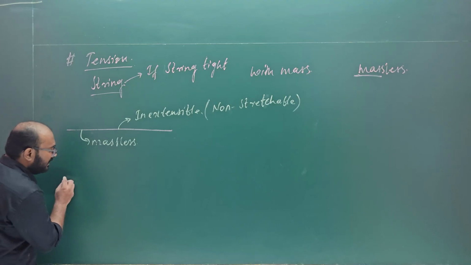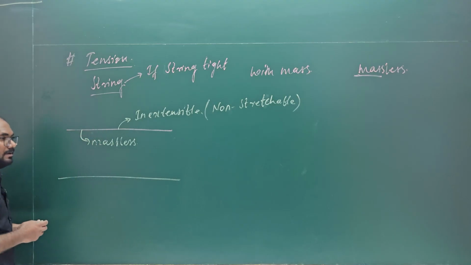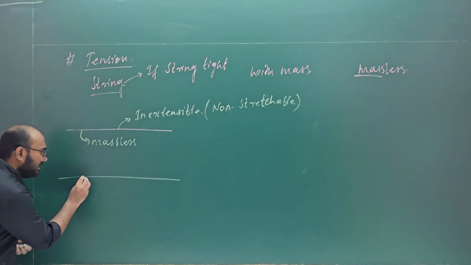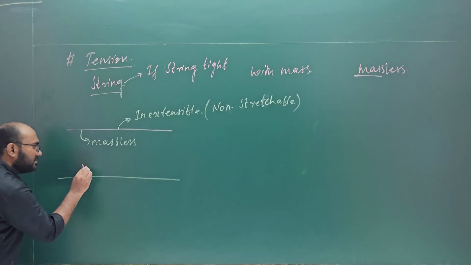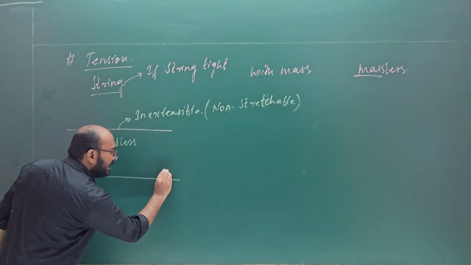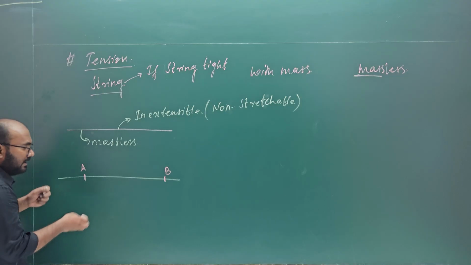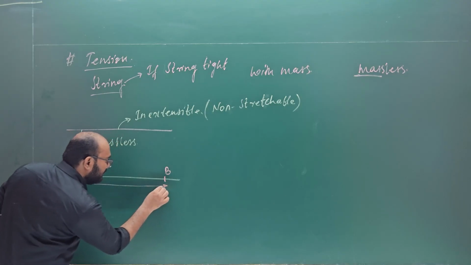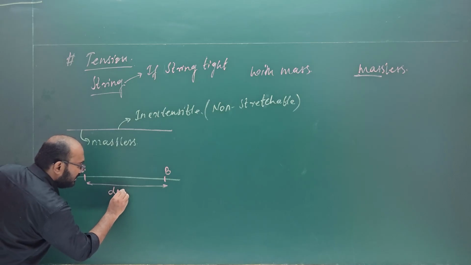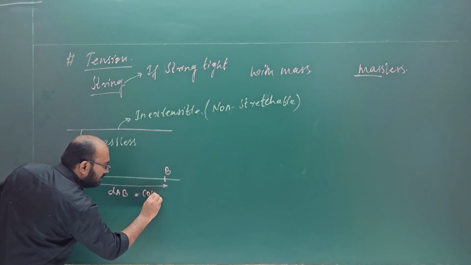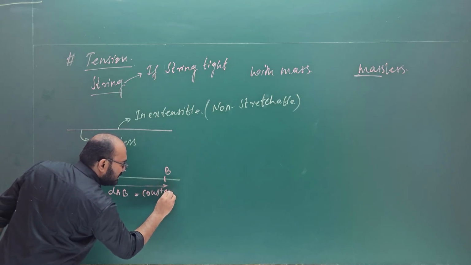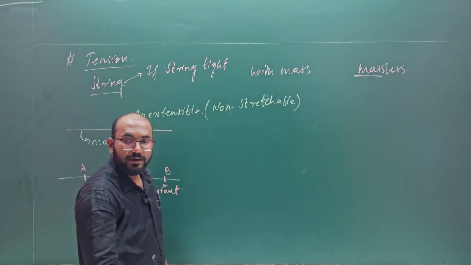If we are saying that this string is non-stretchable, that means if I mark a point on string as A and over here as B, then can I say the distance between A and B, DAB, always remains constant?